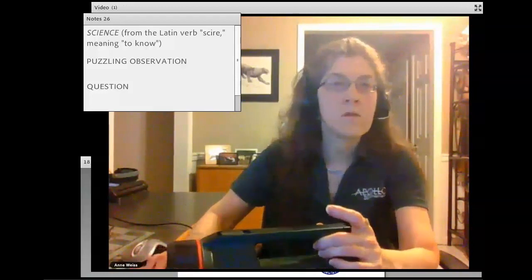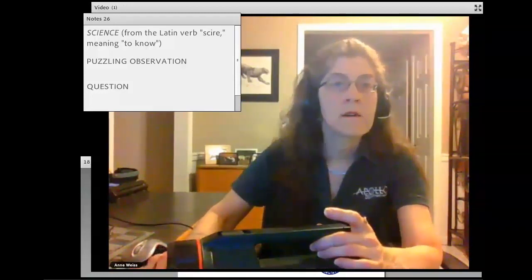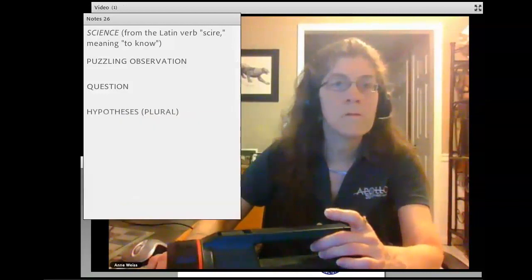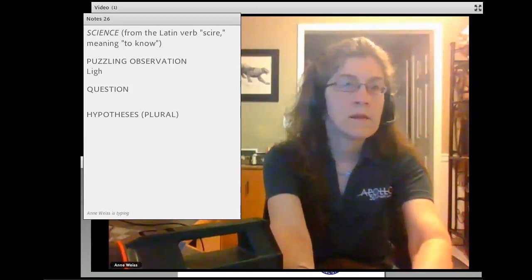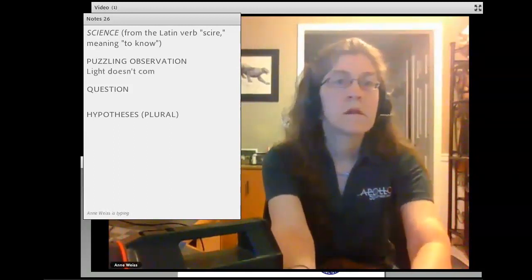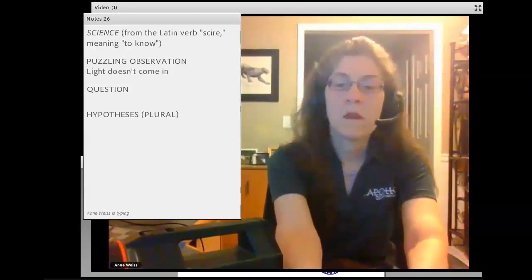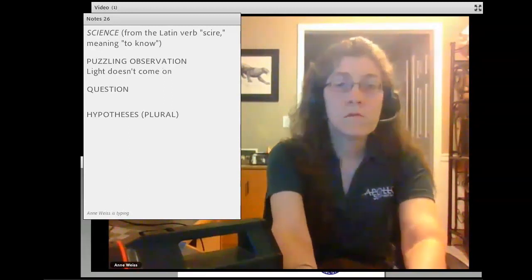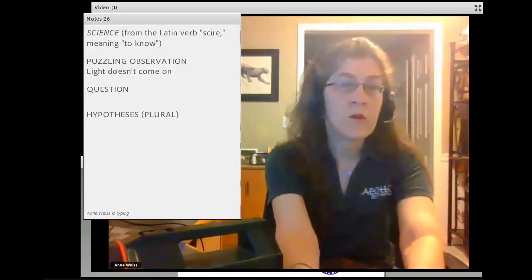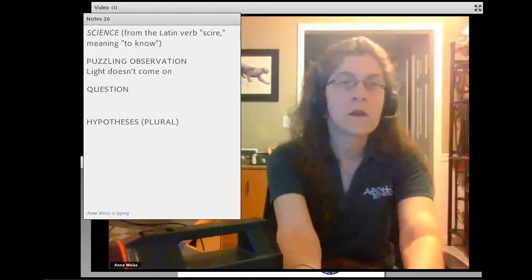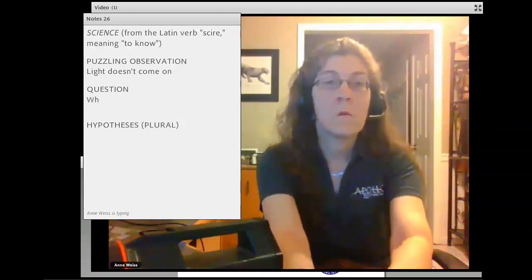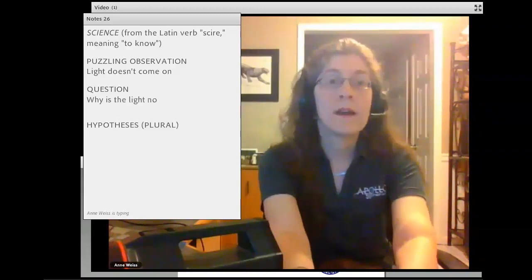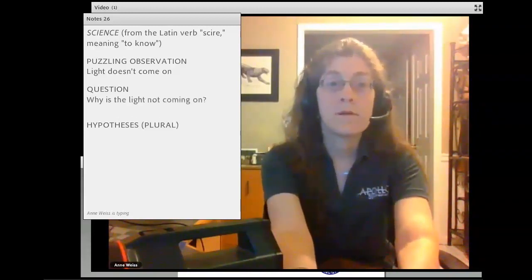So what I'm going to do here in the SharePod is make it a little bit bigger here, okay? Say light doesn't come on, okay? And most of you, because this is a routine problem, and you'll understand why I'm using that terminology, have kind of skipped over the question: why is the light not coming on?